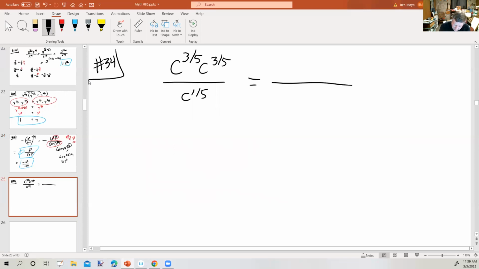So multiplying two powers with the same base, add the exponents. 3/5 plus 3/5 is 6/5. So we get c to the 6/5 on top. Dividing two powers with the same base, we subtract the bottom exponent from the top exponent. So we get c to the 6/5 minus 1/5, which is 5/5, which is c to the 1, which is just c. Okay.